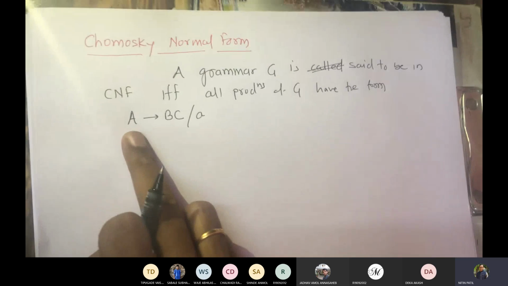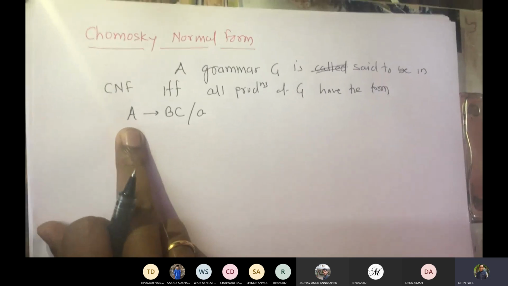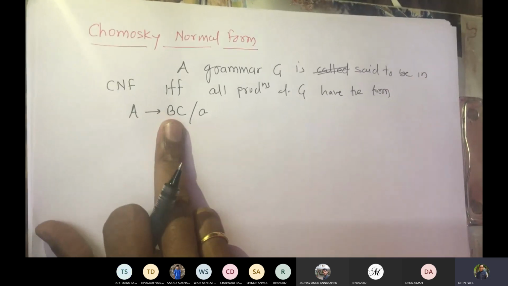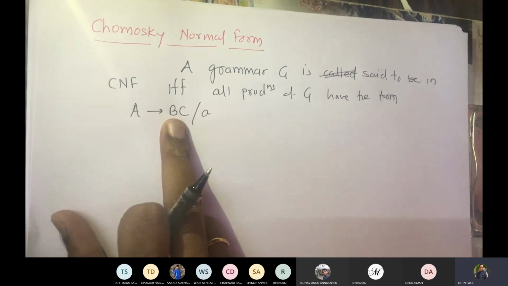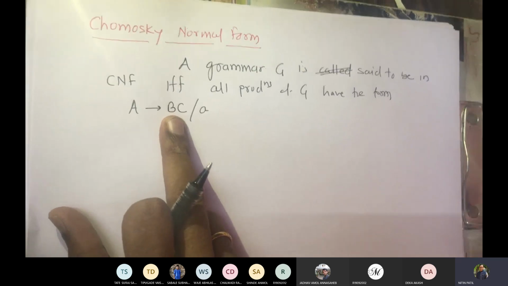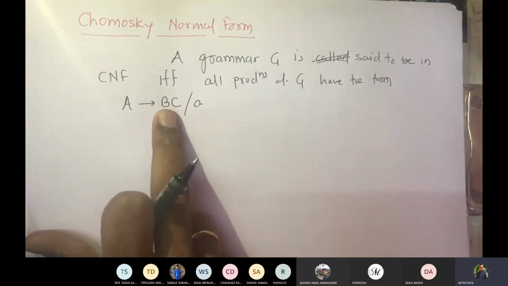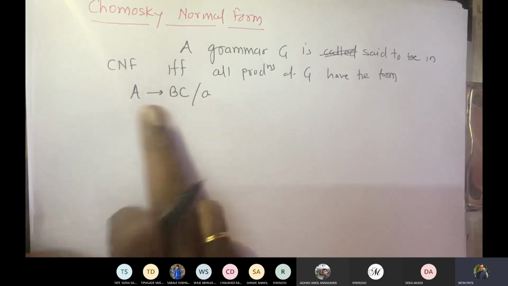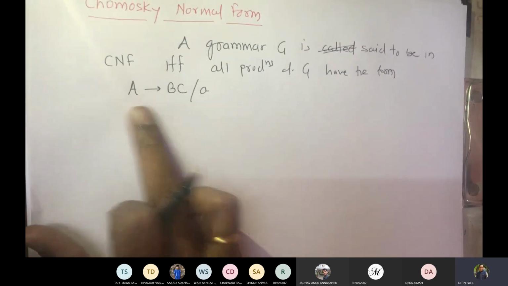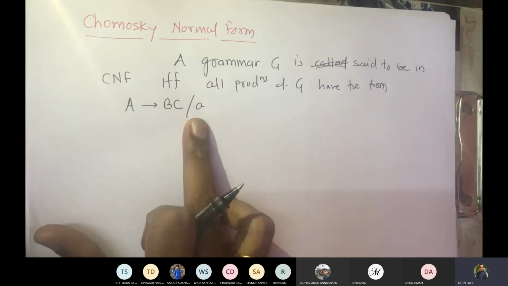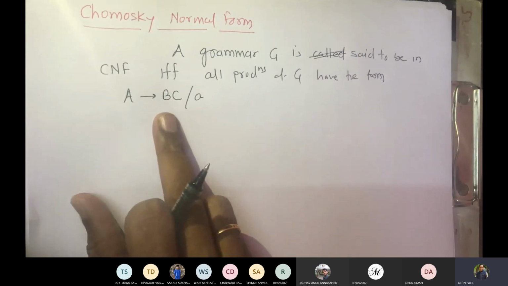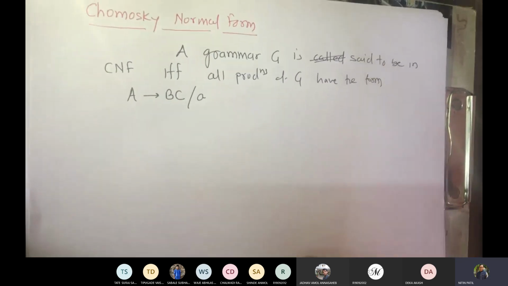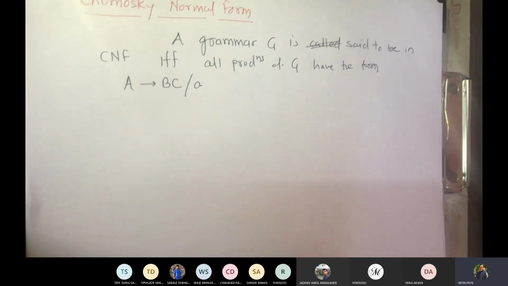So here the constraint is that whenever a production is there, the right hand side should contain only two variables. A single variable or more than two variables is not permitted. So one variable gives two variables, or one variable gives a terminal. Every production should be of this form. If it is not, then what exactly are we going to do? We are going to convert it.